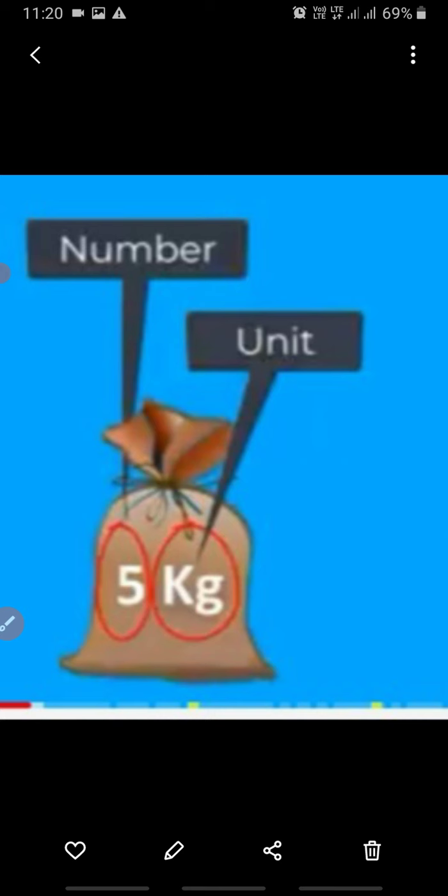One is its number, and the second is its unit. In your NCERT, table 2.1 gives the 7 base quantities and the base units.